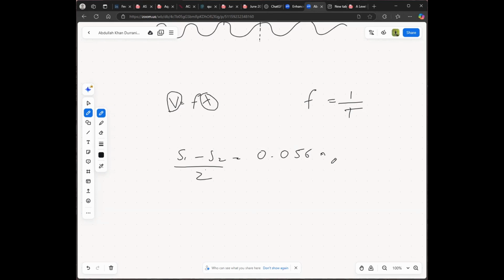Okay, and then you divided by 2. So what do you get when you divide it by 2? 0.028. And then because frequency is wave speed over wavelength, you just use the speed of light.